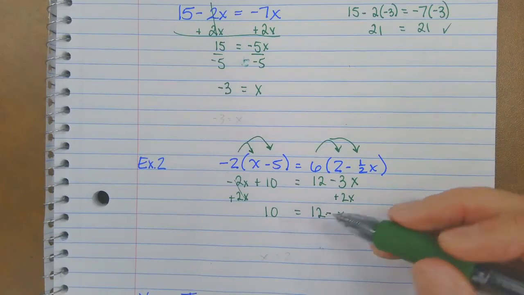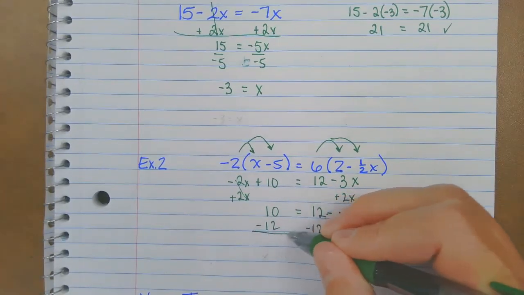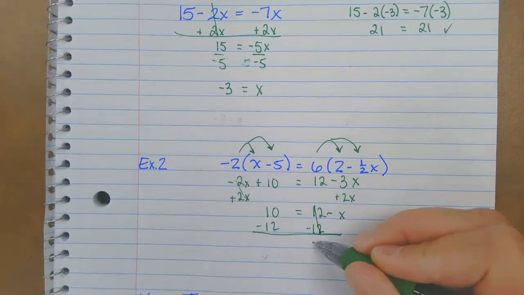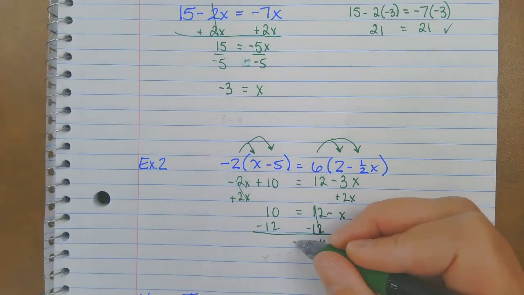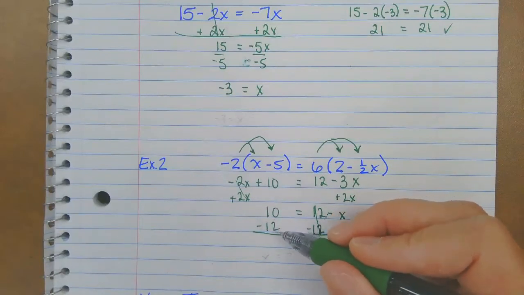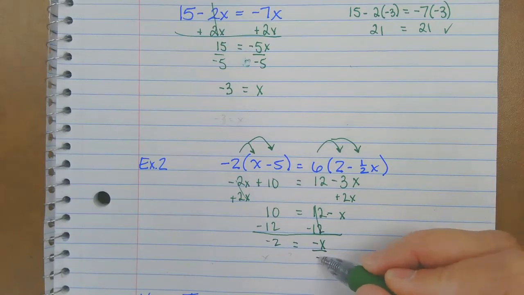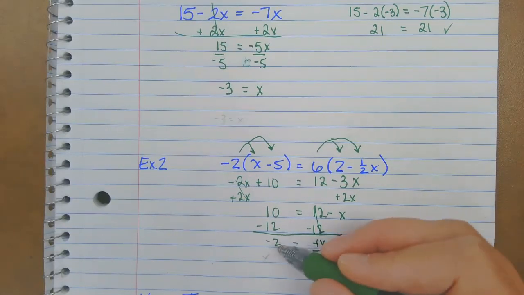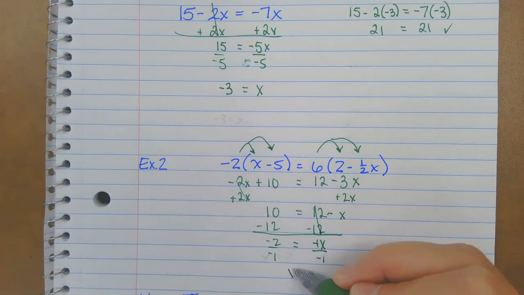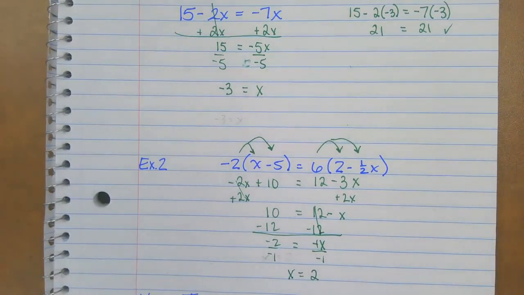Now we're going to move this over, so we're going to subtract 12. Those are gone, so I get negative x equals, and I would get a negative 2. I'm going to divide both sides by negative 1, and x equals 2.